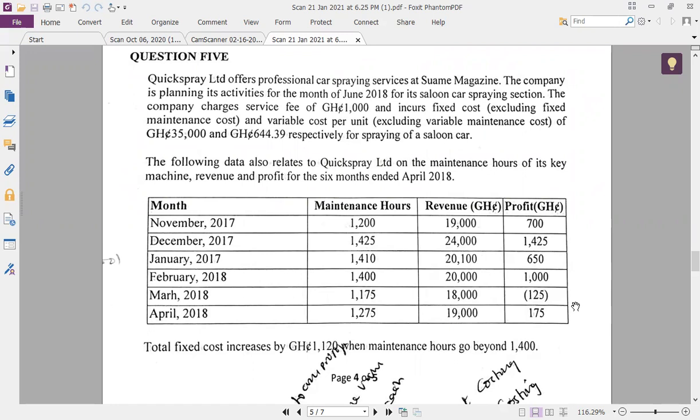So just add it to the 18,000, so the cost over there will be 18,125. So let's go to the board.